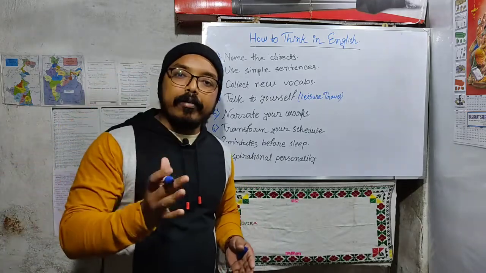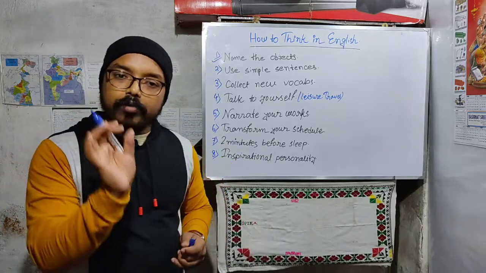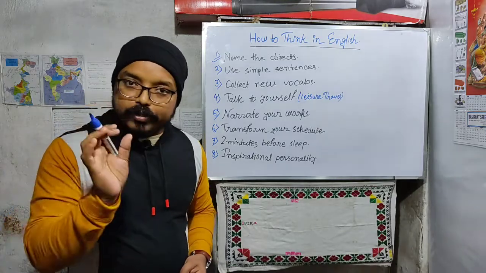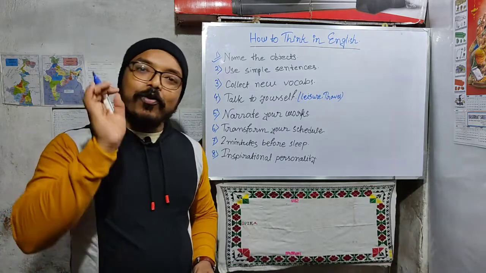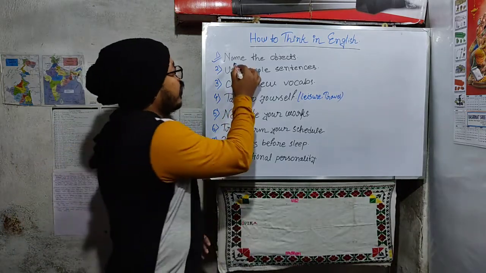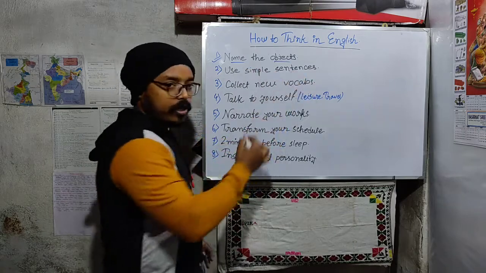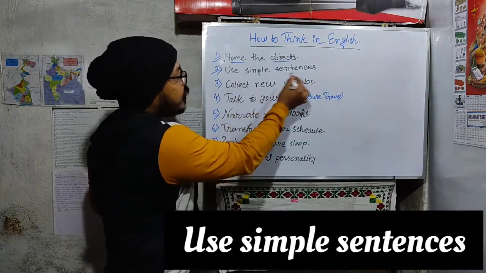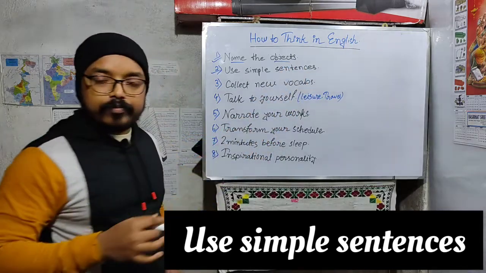Okay, it's a camera, it's my mic. So all of the articles, you should have an idea about the particular objects. Isn't it very easy? So it is the first thing that you should keep in mind, the names of the objects. And the second point that comes, use simple sentences with the objects.